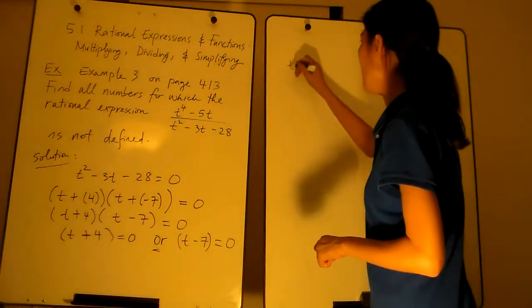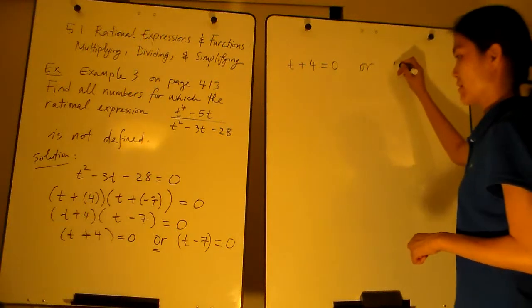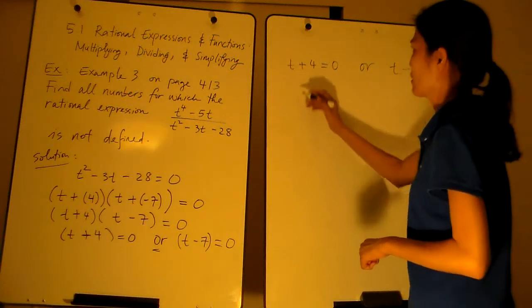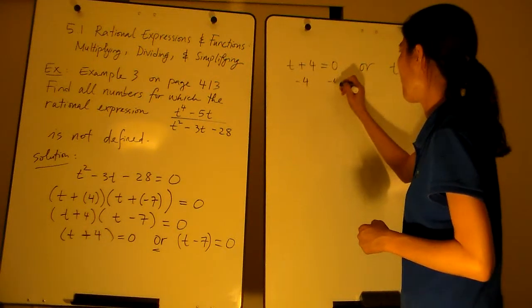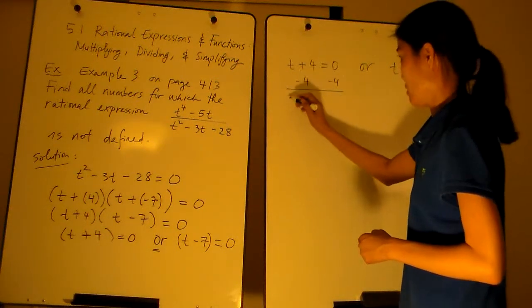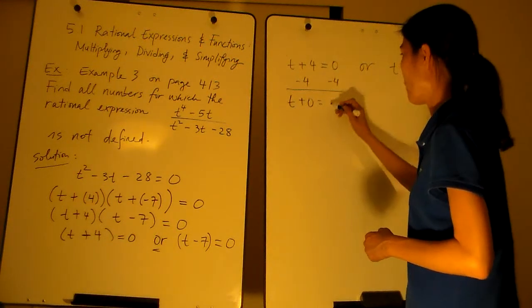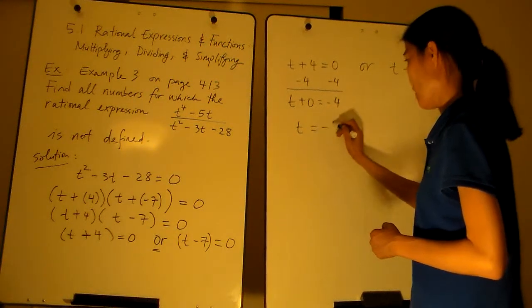or the second factor t minus 7 equals 0. Alright, let's solve for t plus 4 equals 0 or t minus 7 equals 0. So t plus 4 equals 0. To solve for t, we subtract 4 on both sides. So t plus 4 subtract 4 is t. 0 subtract 4 is negative 4. Simplify, you have t equal to negative 4.